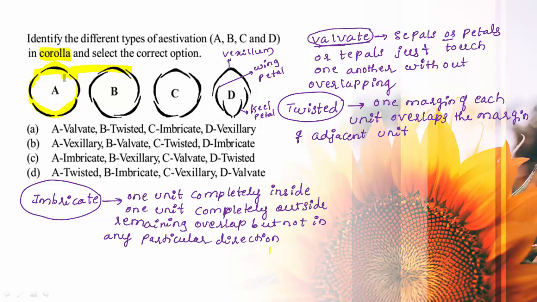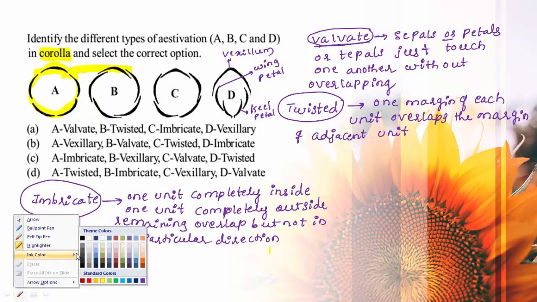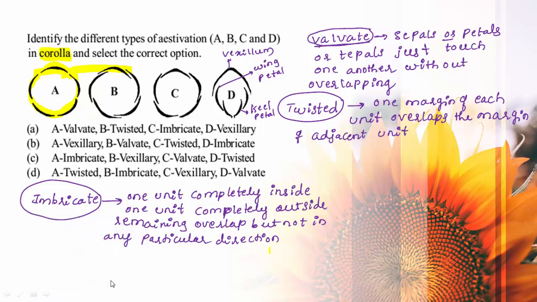All the units are just touching end to end, or in other words, the overlapping is completely absent. The floral units are touching end to end. So this kind of estivation is the valvate estivation.